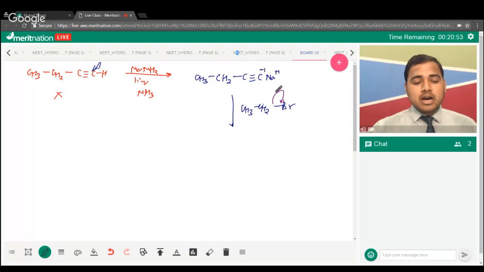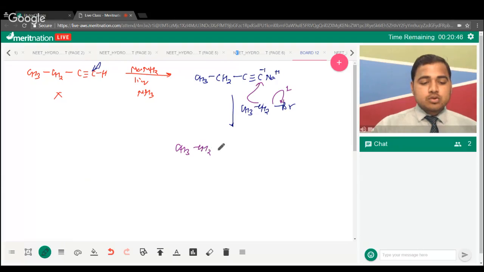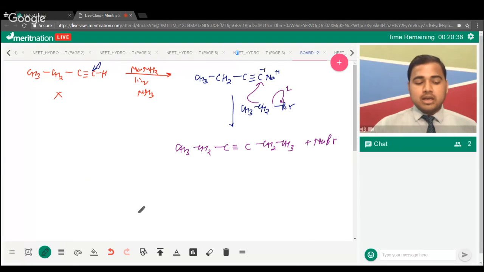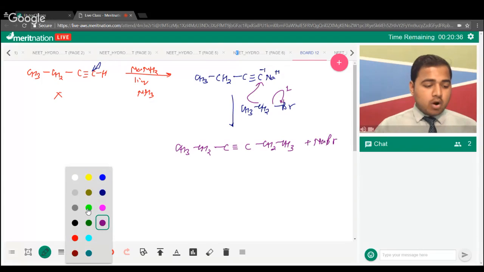This is the first step, and this will be the second attack on this one. So what will be formed? CH3CH2 C triple bond C CH2 CH3, and release the NaBr.